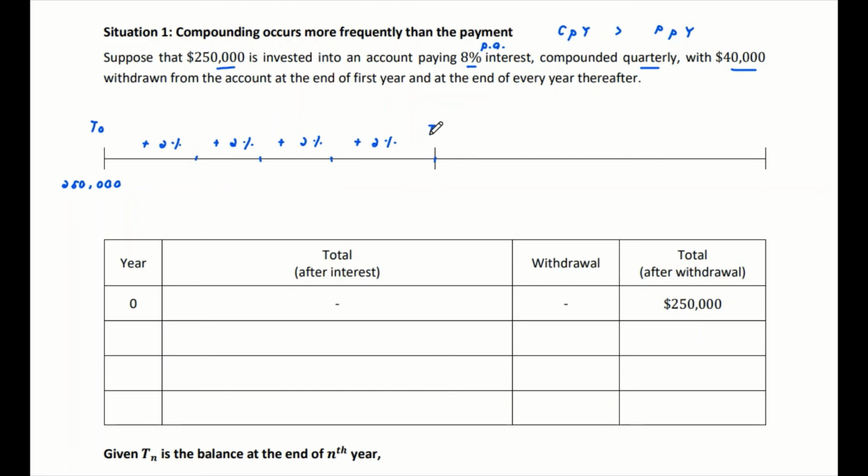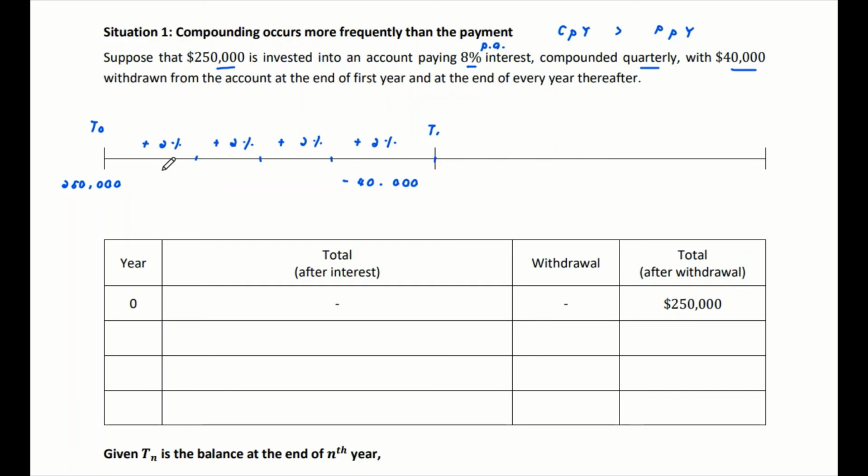And that's the end of 1 year. Then after that, at the end of the 1 year, you are going to withdraw 40,000. Alright, so this is basically what is going to happen. So you can imagine that interest will be compounded 4 times before one withdrawal is made. Let me rephrase my words. The account here is going to have its interest compounded 4 times before one withdrawal is made.